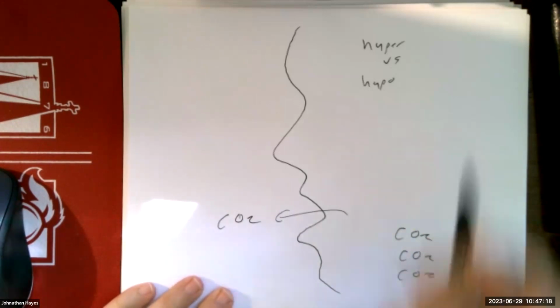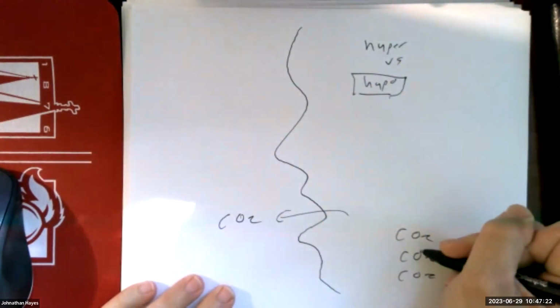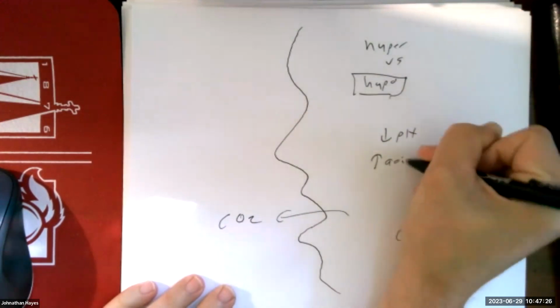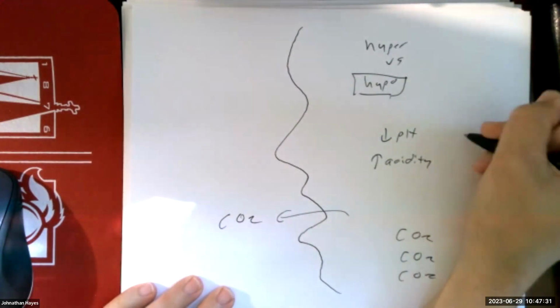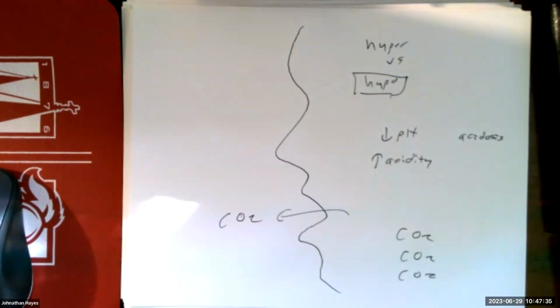But if I'm hypoventilating, then too much CO2 builds up. That's going to decrease my pH, increase my acidity, and so we become too acidic. It's an easy concept. The faster I breathe, the more CO2 leaves. The slower I breathe, the more CO2 stays.